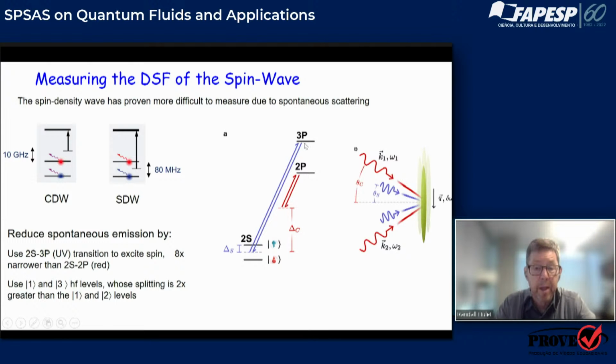The 3p state turns out to have about a factor of 8 longer lifetime than the 2p state. And so the longer lifetime actually translates into less spontaneous emission. When we do the Bragg process, we use the 2p state for the charge density wave, and we use the 3p state for the spin, in order to use a state which has a narrower line width, and therefore less spontaneous emission.